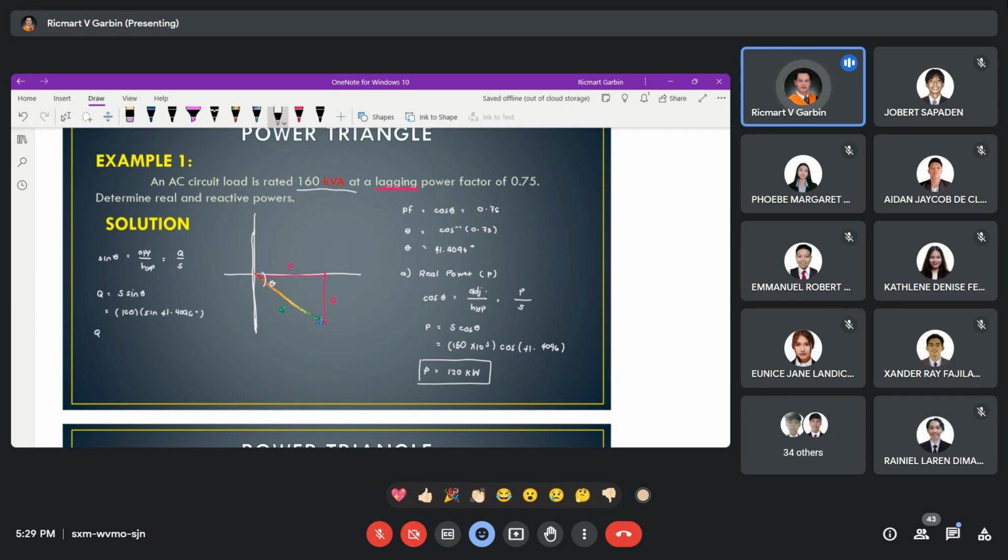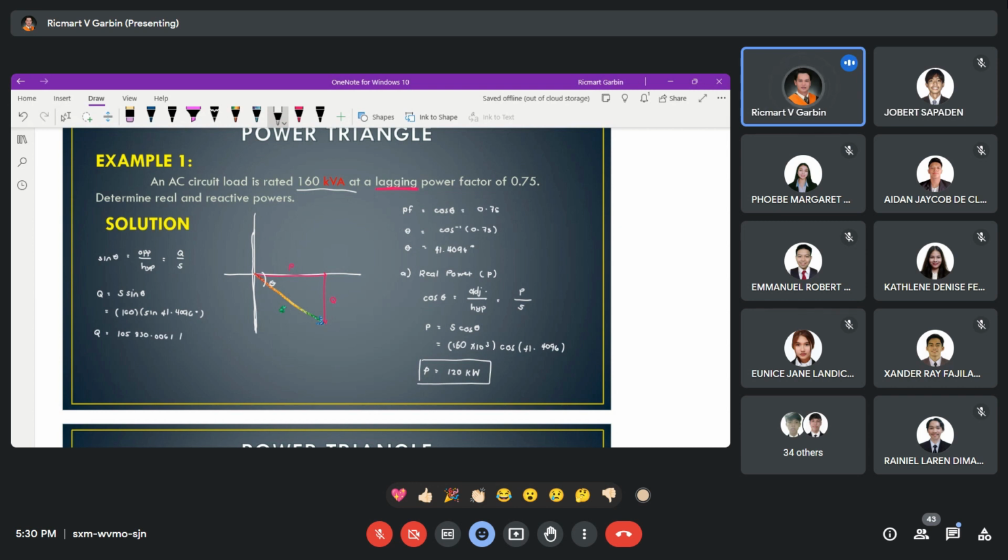So therefore, the reactive power is equivalent to, I compute, 105,830.0061.